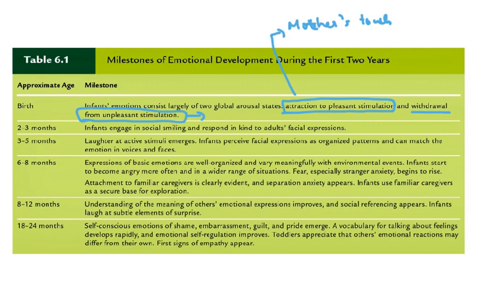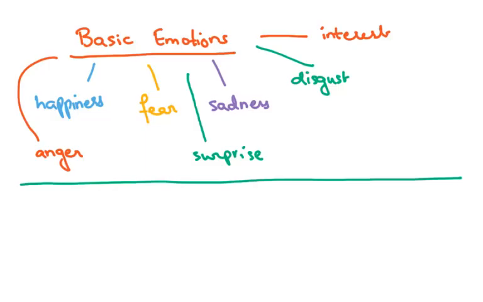So at birth, children are usually attracted to pleasant stimulation, and they mostly withdraw from unpleasant stimulation, even though there is some evidence that they show some of the basic emotions we've talked about. Perhaps not so much sadness, but they do show some level of interest, and you can also interpret that as a sort of attraction to pleasant stimulation.